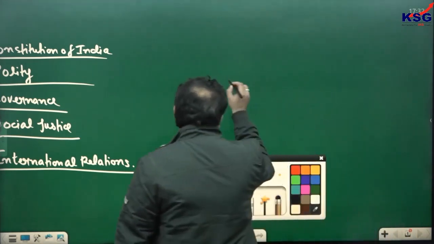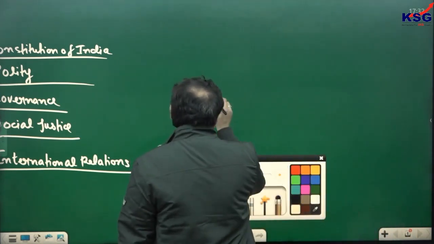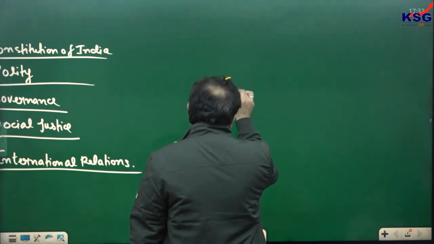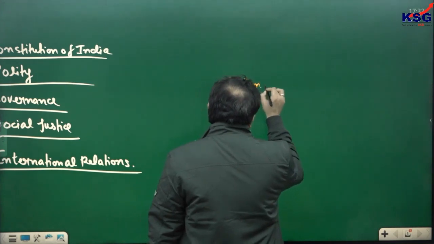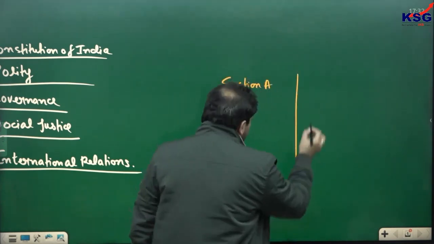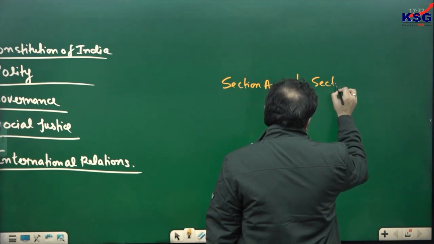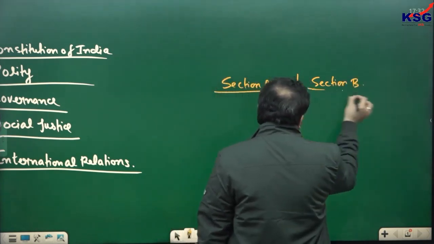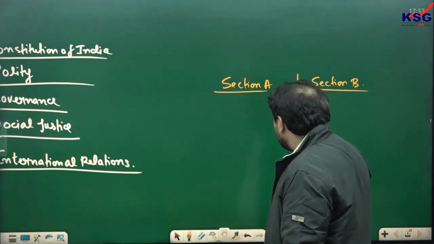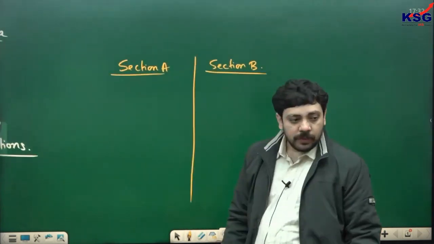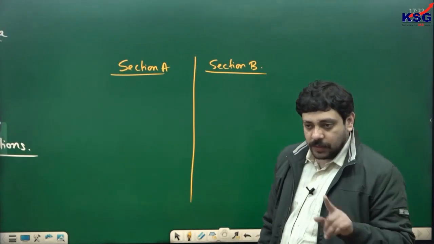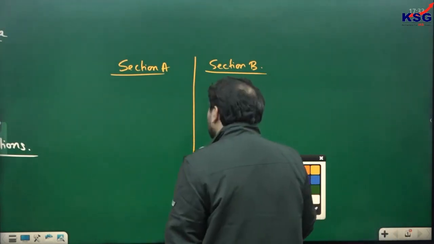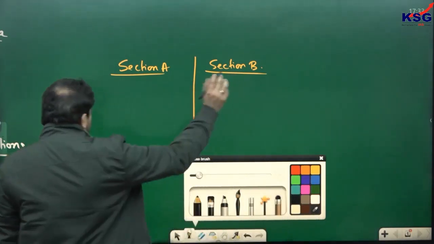Then you have, let's say, in general studies paper number 2, 2 sections, section A and section B. So if you take a look at the previous year question paper on the general studies paper number 2, it is divided into 2 sections, section A and section B. The section A part of general studies has a specific requirement.